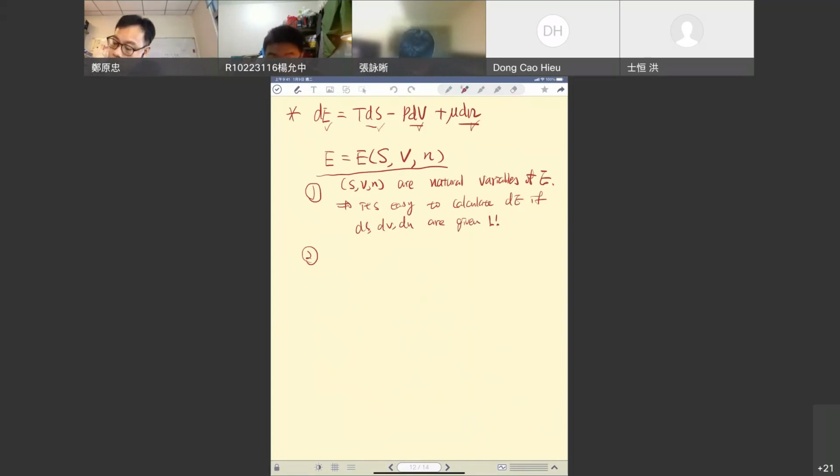So dE must equal partial E partial S at fixed V and N, dS, plus partial E partial V at fixed S and N, dV, plus partial E partial N at fixed S and V, dN. This is from calculus, the total derivative.